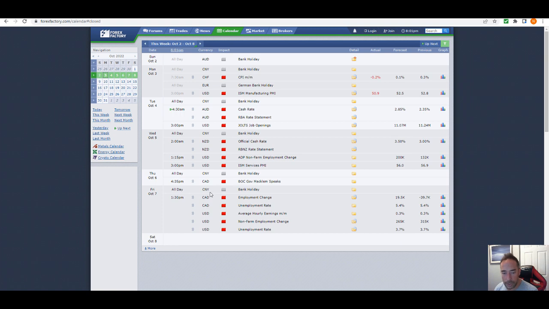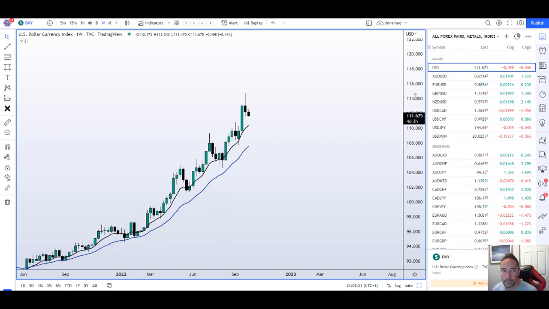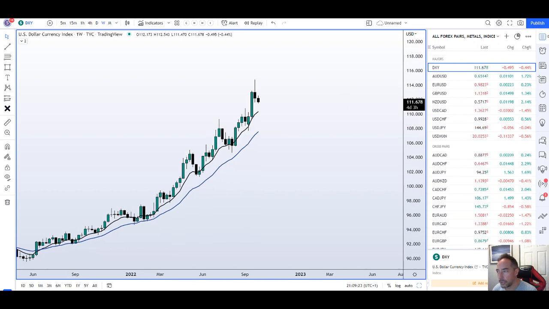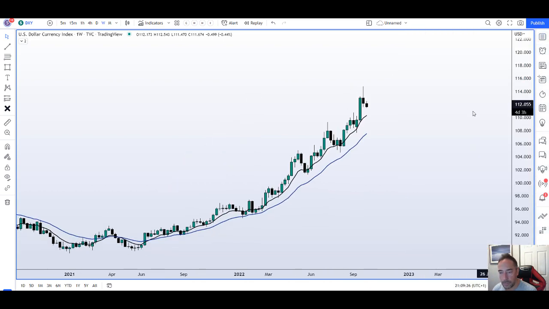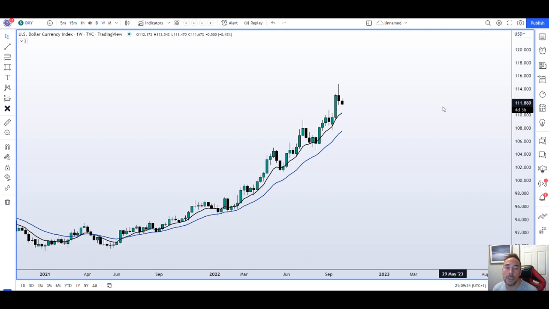So let's start off with looking at USD, looking at the dollar index. And really that's going to be the basis of this little forex webinar. The dollar index is, I would say, either the strongest or one of the strongest currencies in the world.